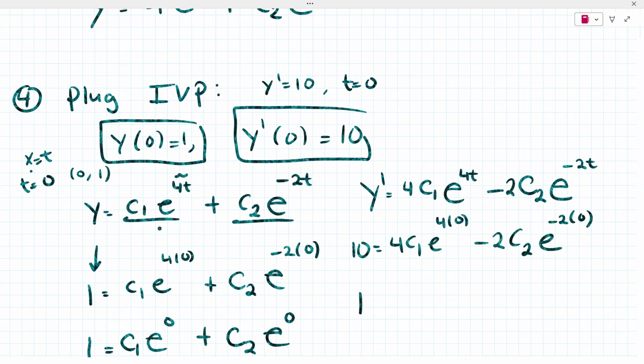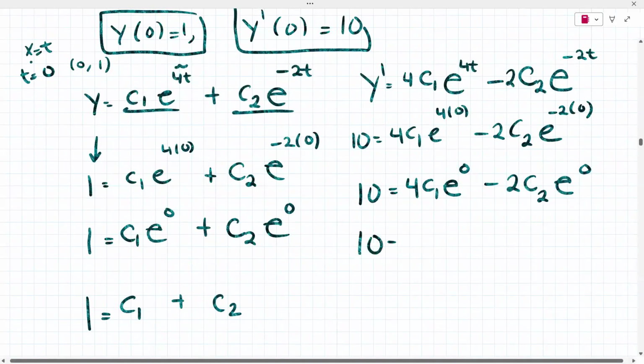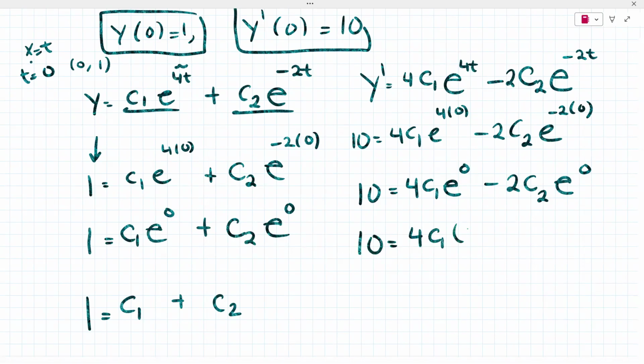So this is 10 equals 4c1 e^(4 times 0), which is 0, minus 2c2 e^(negative 2 times 0), which is 0. That's 10 equals 4c1, e raised to 0 is 1, minus 2c2, e raised to 0 is 1. You have 10 equals 4c1 minus 2c2.